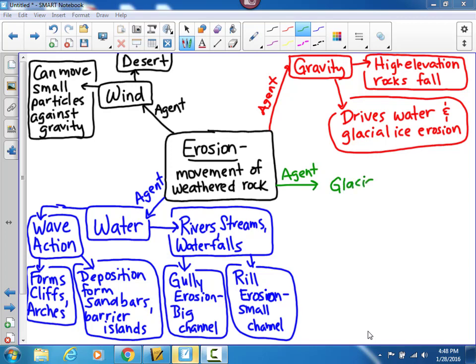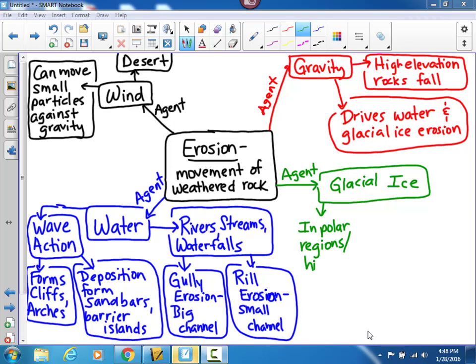Something we used to have a lot of here, not so much anymore, glacial ice. Glaciers, in other words. Typically now you only find glaciers in polar regions or high elevations.